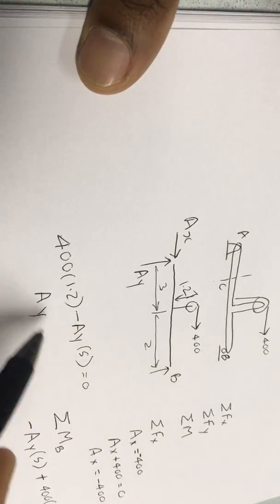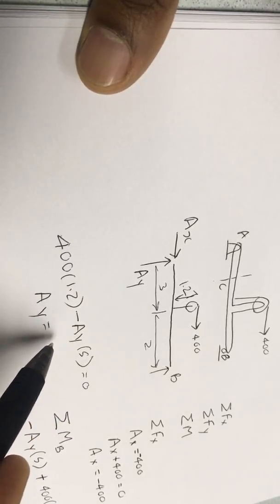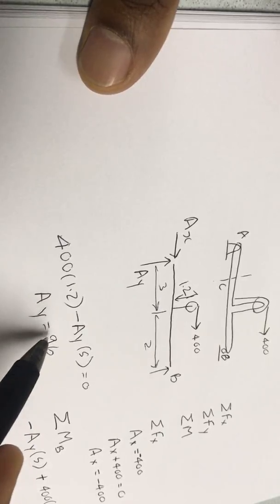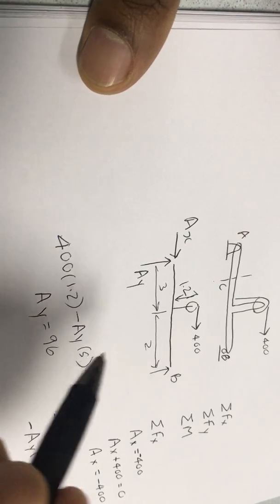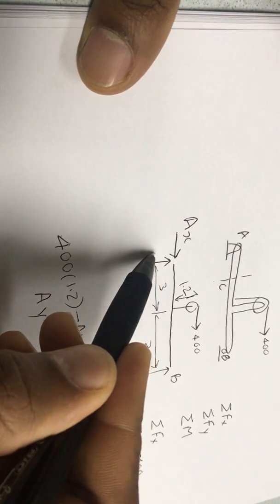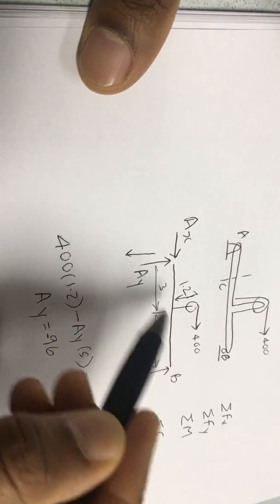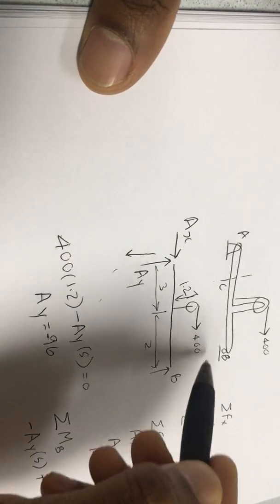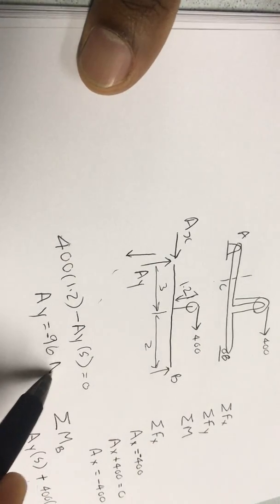So AY, if you solve for it, would be equal to 96, but it would be negative 96, right? So AY would really be pointing downwards. So that you have the two moments. This moment cancels out that moment, and that's newtons.